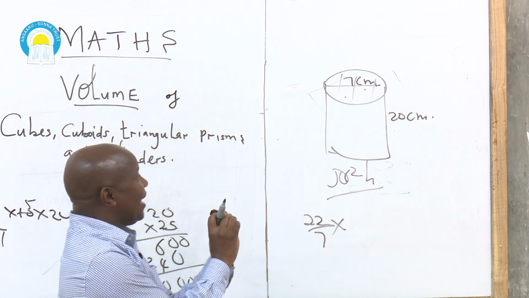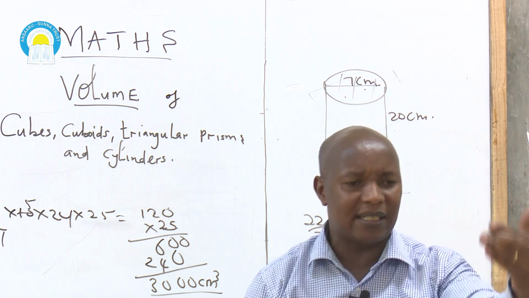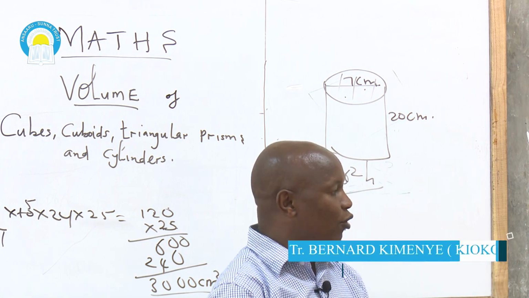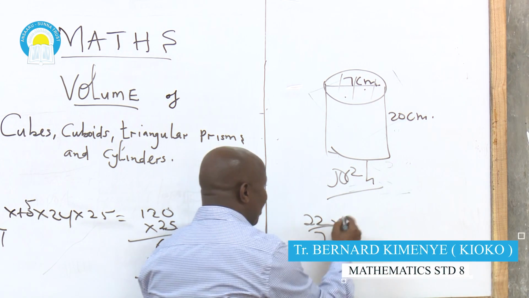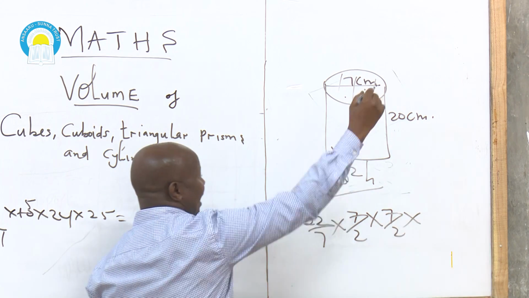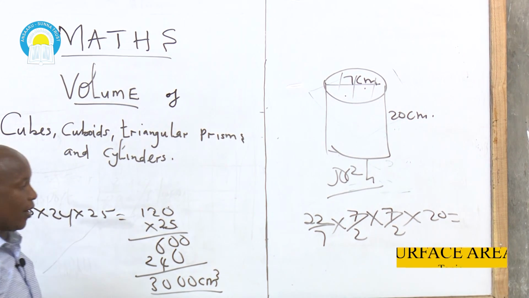Now, if the diameter is 7 class, to get the radius, just say the diameter over 2. The diameter divided by 2, you get it. Just say 7 over 2, which is the radius, multiplied by 7 over 2, then you multiply times the length, which is 20. Then you simplify where it can be simplified, then you get the answer.